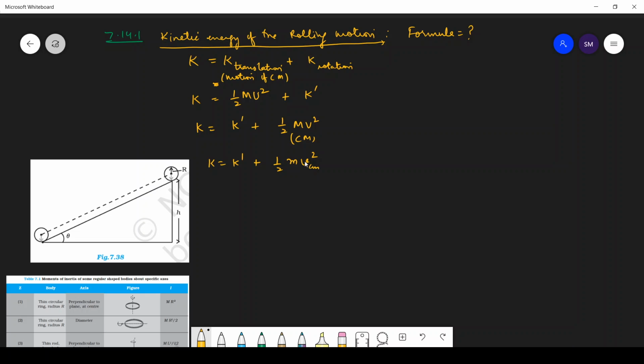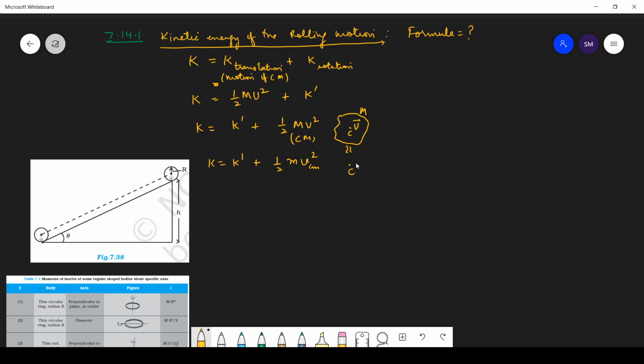So here we were assuming the whole extended body with mass M, and the velocity of the center of mass was V. Now we are considering it as equivalent to the whole mass of this body concentrated at point C, treating it as a point mass.